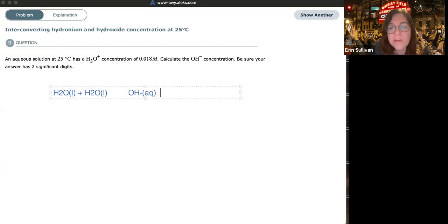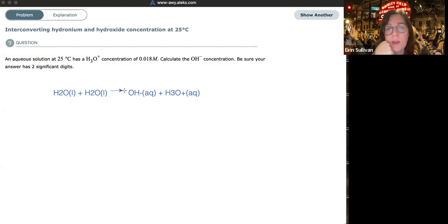Okay. And then if we imagine the second water molecule has absorbed that proton. So what do we get if we add an H plus to the formula of water? We get H3O, and that'll be a cation plus because of the H plus charge, and that is aqueous. So this is an expression for the autoionization of water.